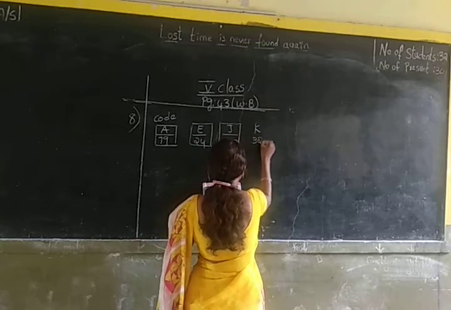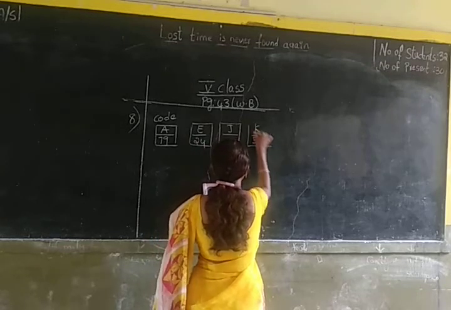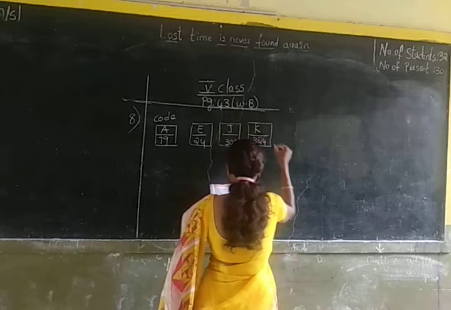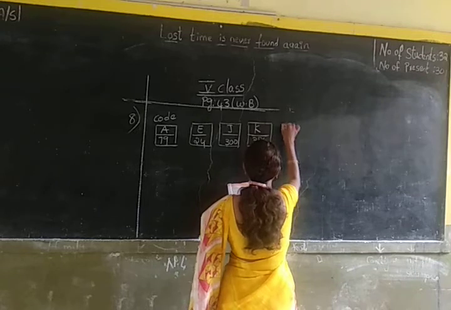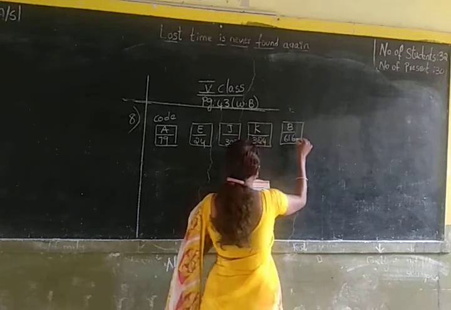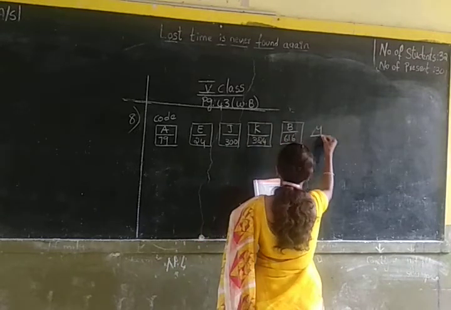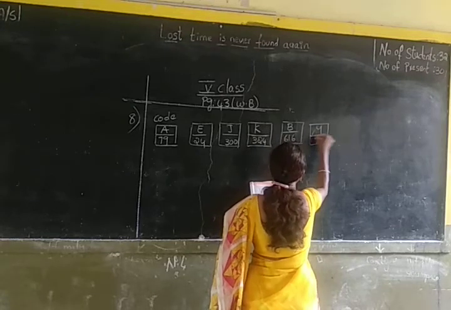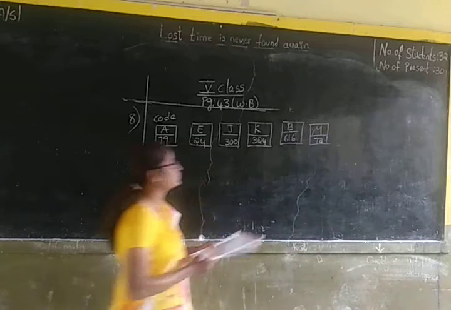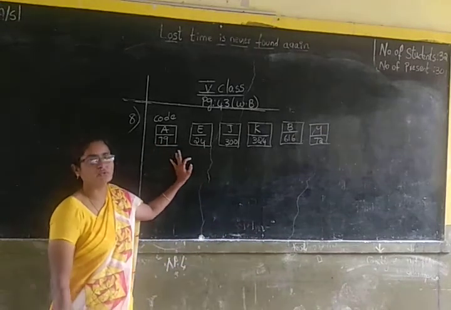K means 324. B means 616. M means 72. So now we have to decode these codes to get the secret word.